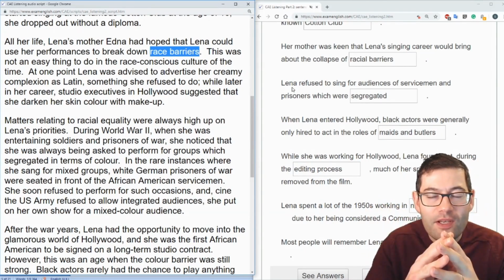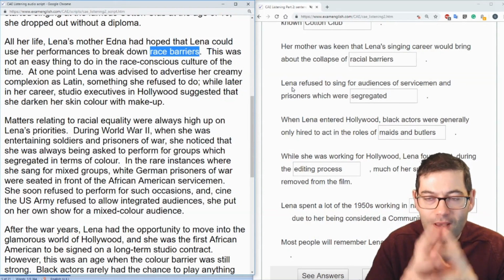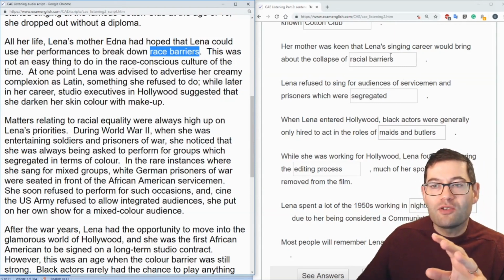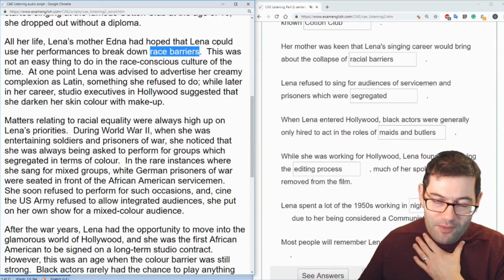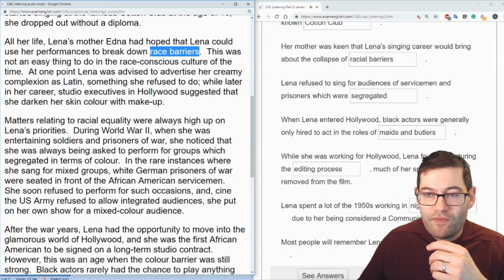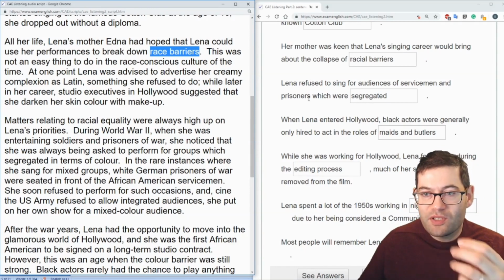Once again, there's an argument as to what exactly should means, but I would say racial barriers is okay, and I would say race barriers is okay. That's just me.